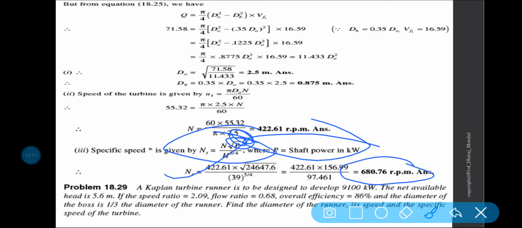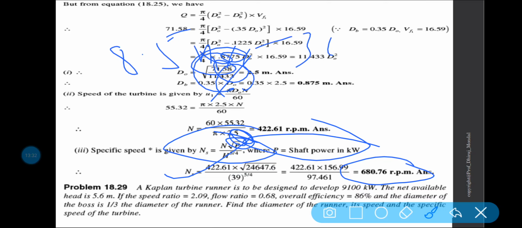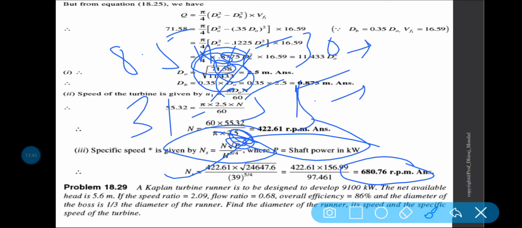Now this 608 signifies which type of turbine it is: a Kaplan turbine, because we know that a specific speed of 8.5 to 30 is called a Pelton turbine with single jet. 31 to 55 is a Pelton wheel with double jet.